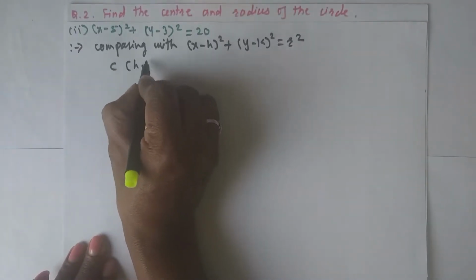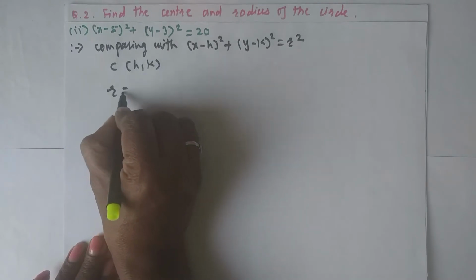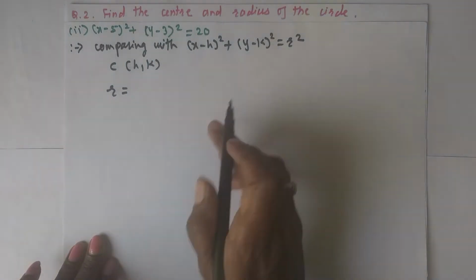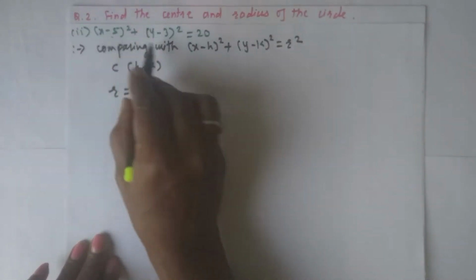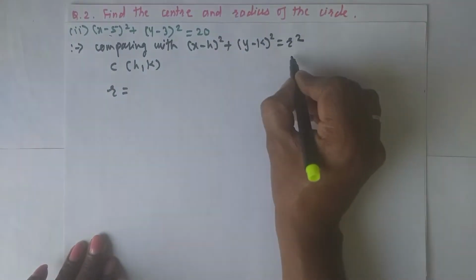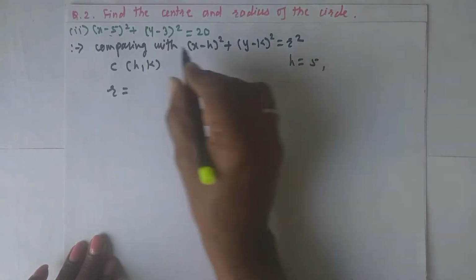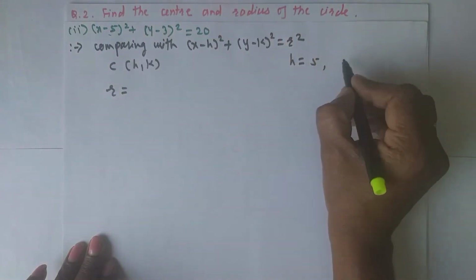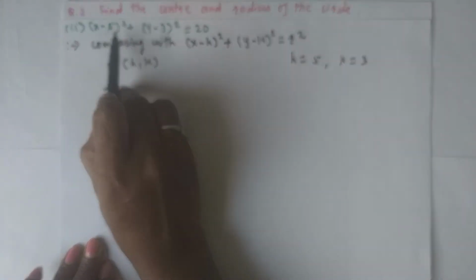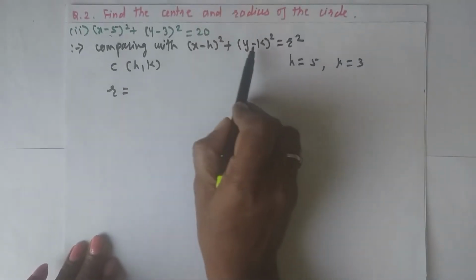If the equation is in center radius form, center is h, k and radius is r. Okay. Now if I compare these two equations, then what will be h? H will be 5 and k will be what? K will be 3. Compare these two terms, h will be 5 and k will be 3.